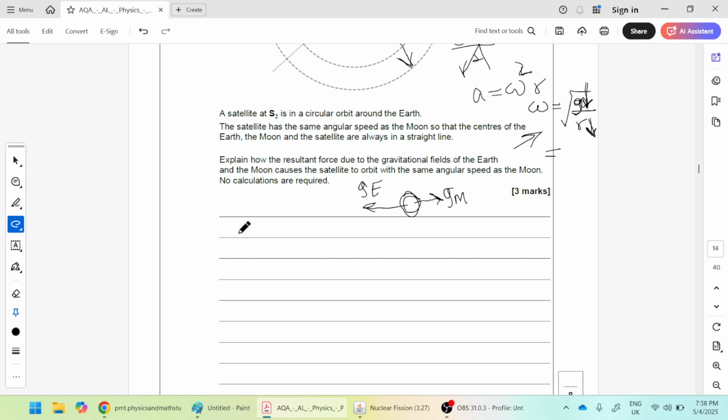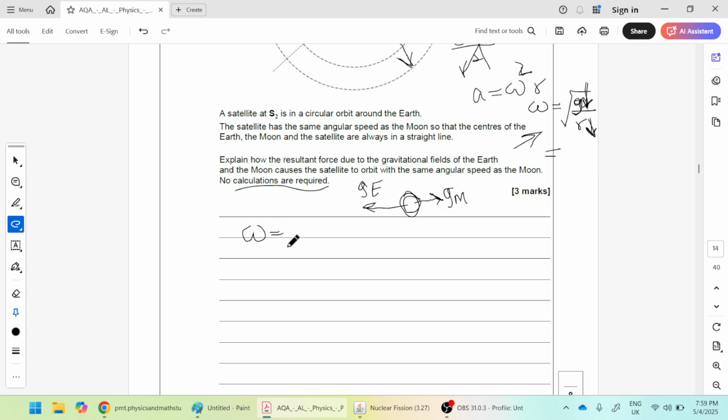Proportional to g. Yeah, I'm struggling to do it without calculation. So no calculations are required, but we can still use proportions, right? So that means without putting numbers. So I'm still going to use it.